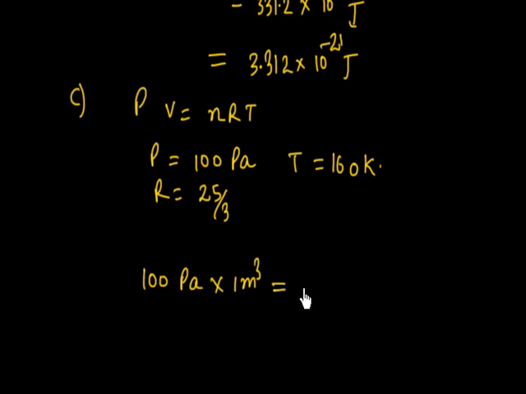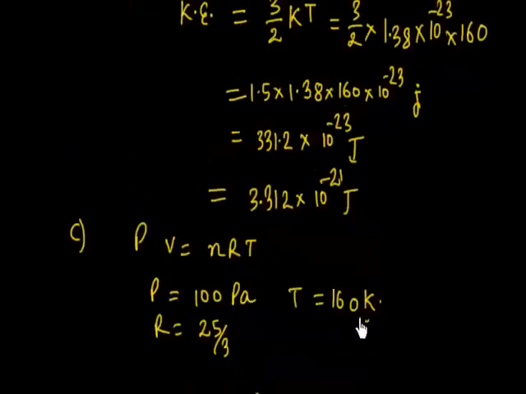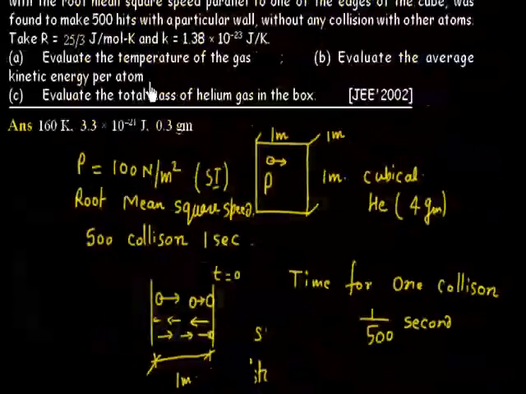So we have to calculate n. R is 25 by 3 joule per Kelvin per mole, you see, the SI unit for R is given in the problem.